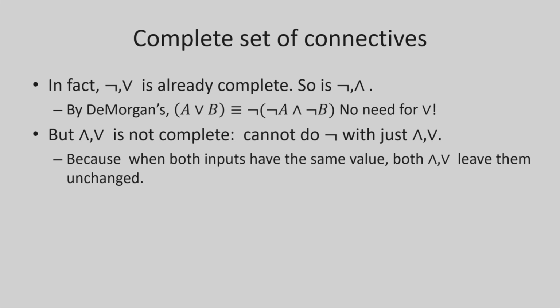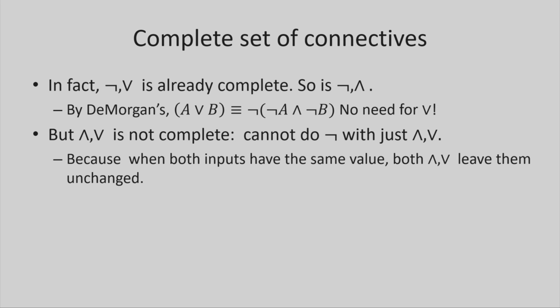At that moment, we had a formula which only had negations and ands, and yet it was coding up a truth table for pretty much an arbitrary function. So if we only have not and and, and similarly if we only have not and or, we could code up any truth table.